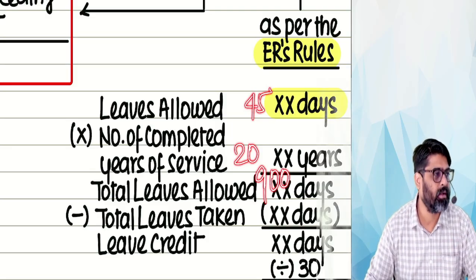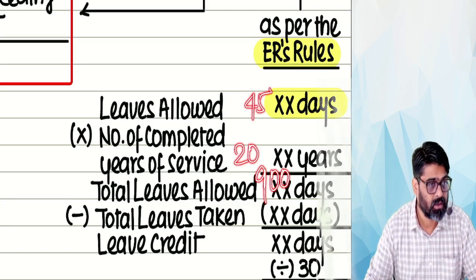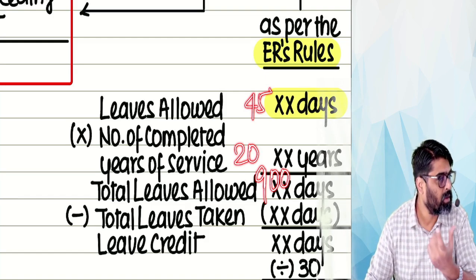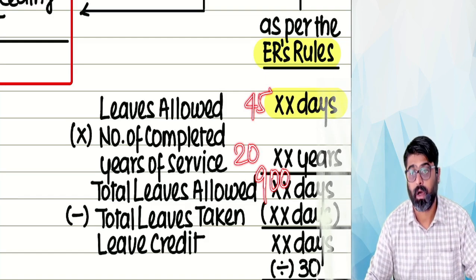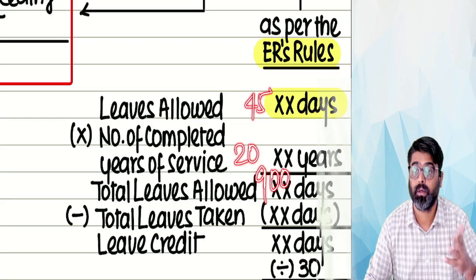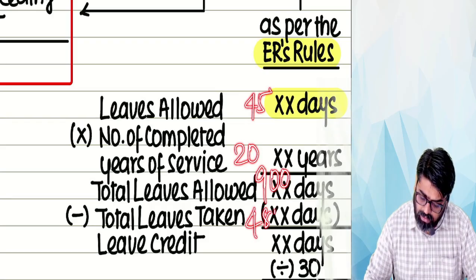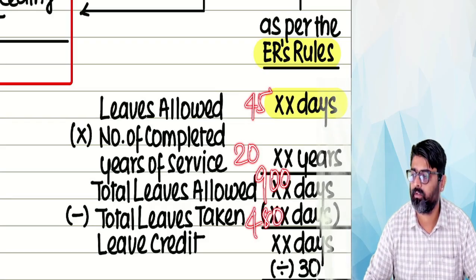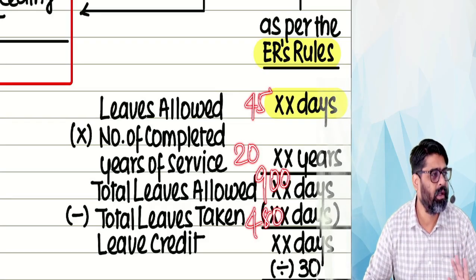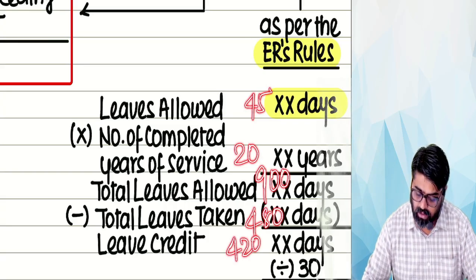Out of those 900 days, you might have taken some leaves in the first year, some in the second year, some in the third year. Throughout these 20 years, how many leaves have you availed? For example, you have taken 480 days. So how much is the leave to your credit?